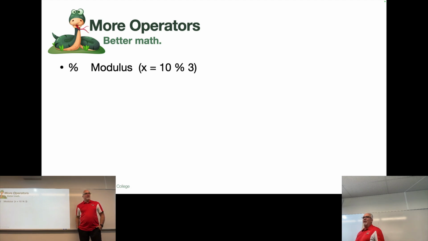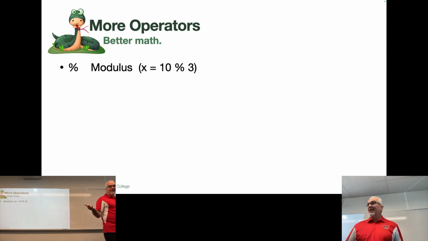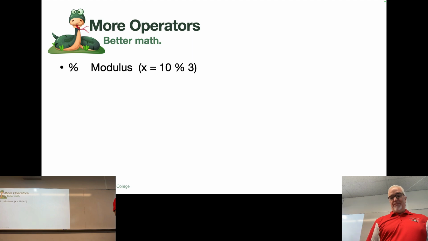It gives you the remainder, what's left after you divide 10 by 3. So if I divide 10 by 3, the answer would be 3 with a remainder of 1. So 3 goes in 3 times with 1 left over. So in this case, x becomes equal to 1. It just leaves the rest out.